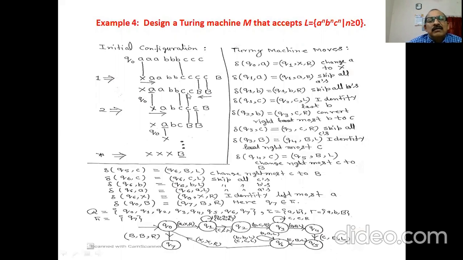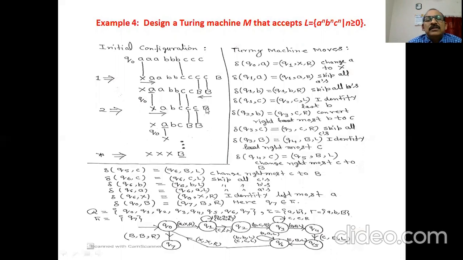We move in the left direction, skipping all C's, all B's and all A's. We repeat these activities until X is encountered. If X is encountered, we go to the initial state and we repeat the process again. Replace this A by X, skip all A's and all B's except the last B, convert the last B into C, skip the C's again and move in the right direction.